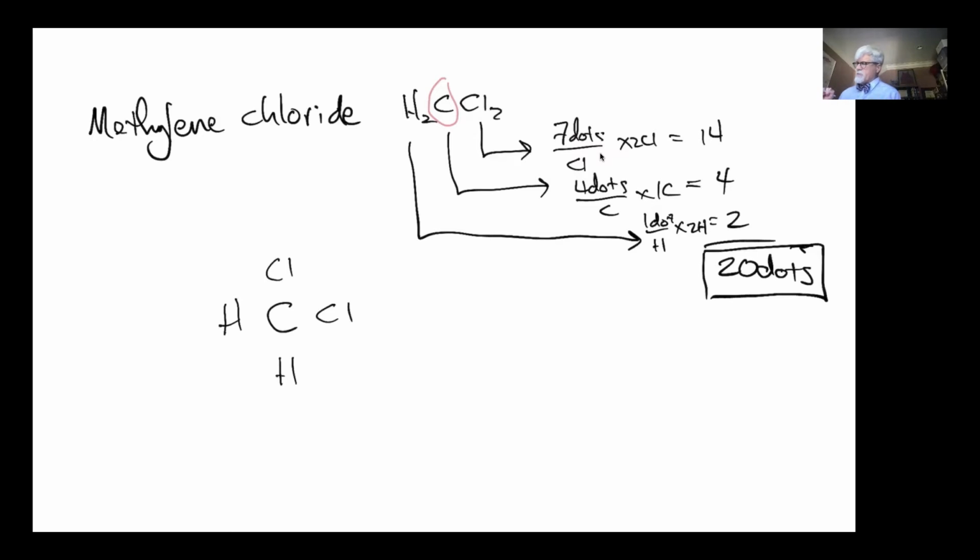I could have put my chlorines where my hydrogens are. I could have put chlorines top and bottom, the hydrogens right to left. It does not matter. But now I need to know something about electronegativity. That is to say, how close are you to the right edge of the periodic table? Well, it turns out that chlorine has a higher electronegativity than carbon or hydrogen.